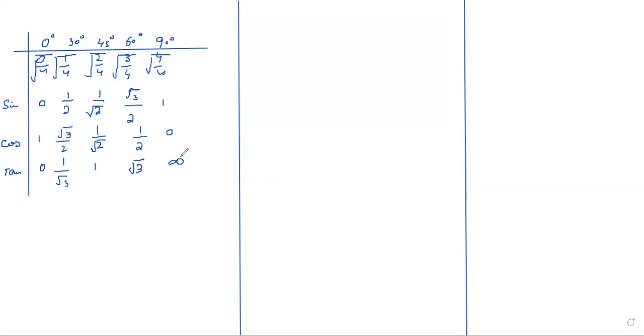It will never touch the x-axis or y-axis. So this is the table you have to draw before doing exercise 9.3. Tangent 0 is 0, tangent 30 is 1 over root 3, tangent 45 is 1, tangent 60 is root 3, and tangent 90 is infinity.